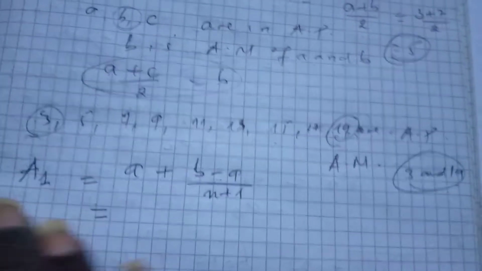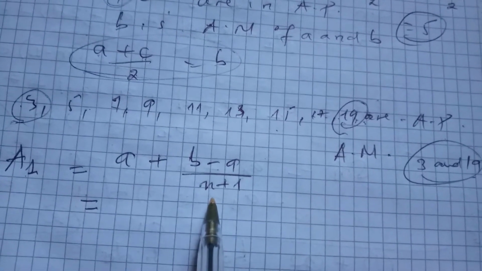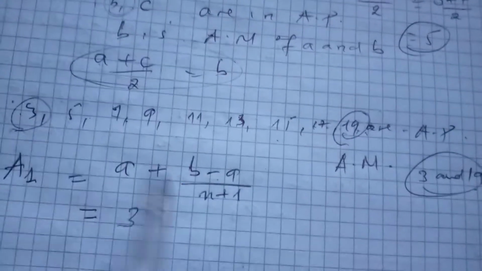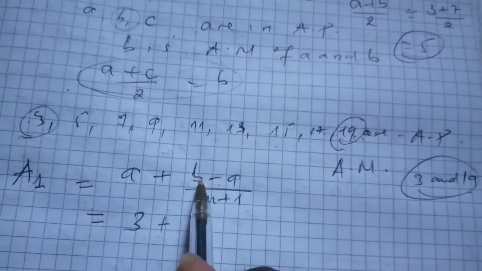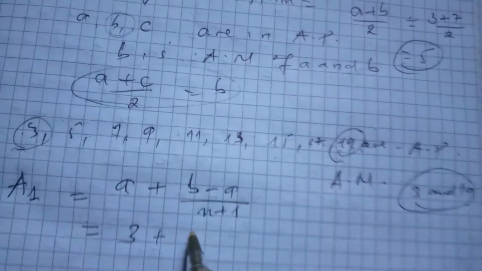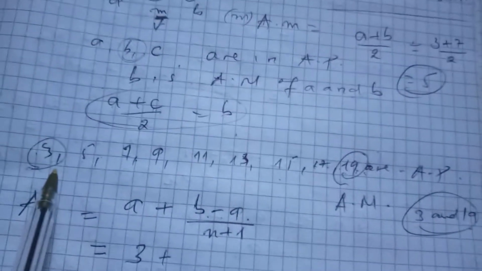So here you have to write A1 will be equal to A plus (B minus A) over (N plus 1), which will be equal to 3 as the first term, plus B. B minus A means the last term minus the first term.